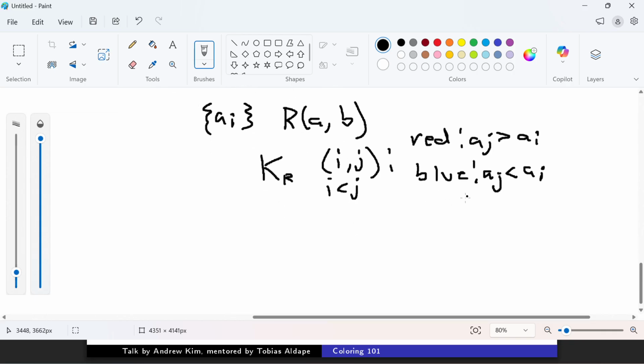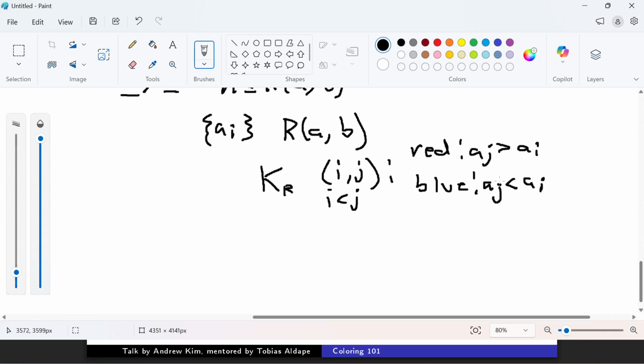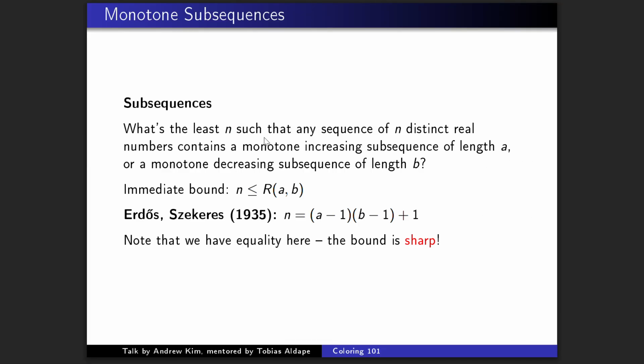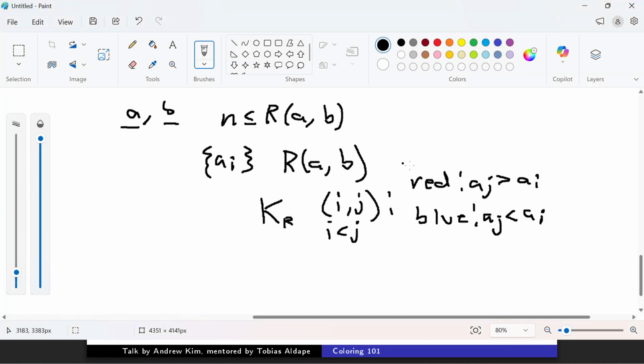Note that this is well defined because we can't have equality, since the problem statement says the numbers have to be distinct. Now, by the definition of R of A, B, there's either a monochromatic red A-clique or a blue B-clique.